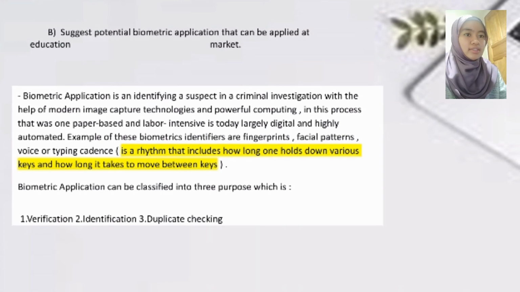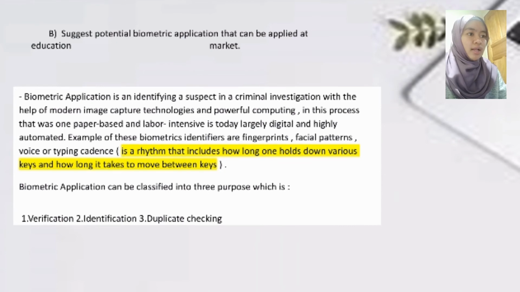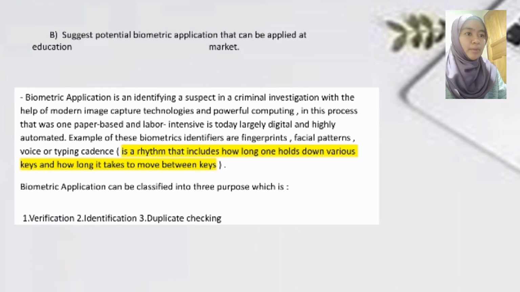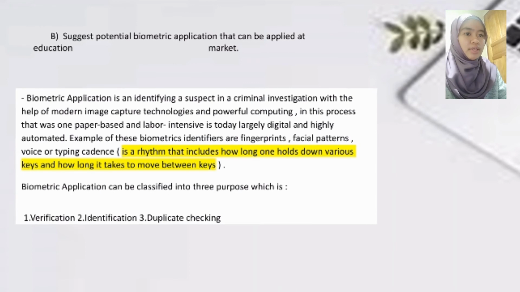This process, that was paper based and labor intensive, is today largely digital and highly automated. Examples of biometric identifiers are fingerprints, facial pattern, voice, or typing cadence.